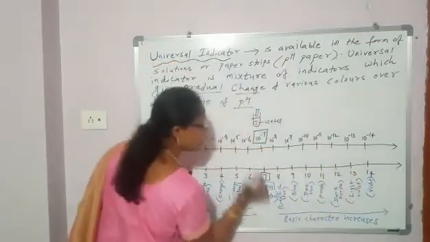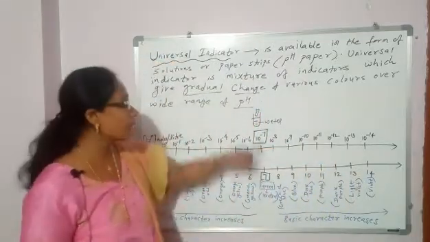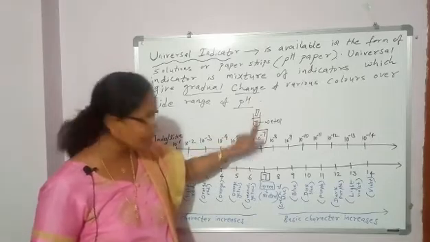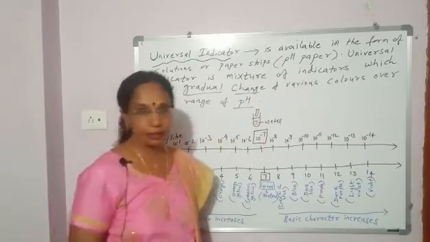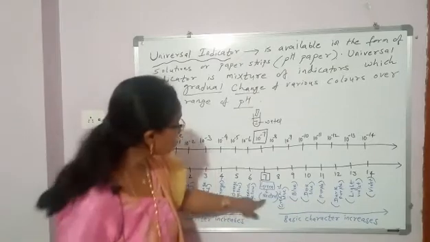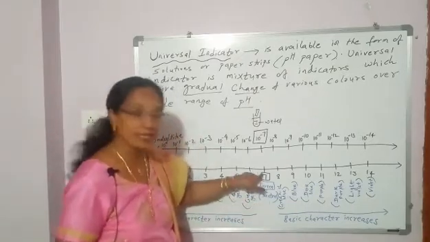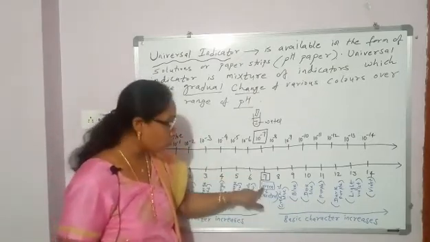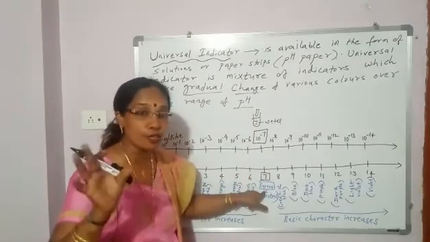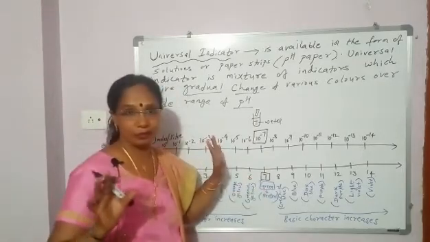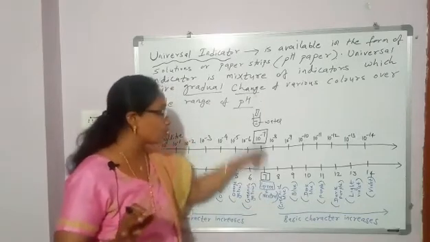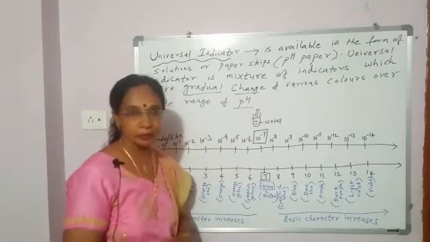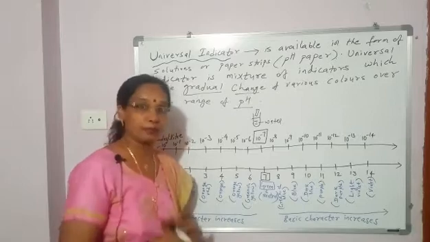It will change to green. Means pH of water is 7 and it is neutral. So for a neutral solution, pH is 7 and the pH paper will show green color. So by seeing the color, you can identify the given solution is neutral using pH paper.